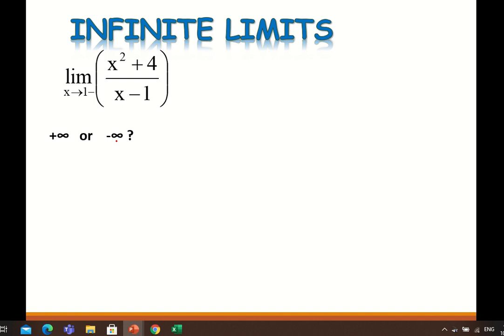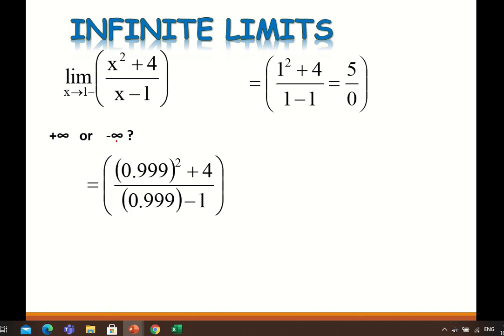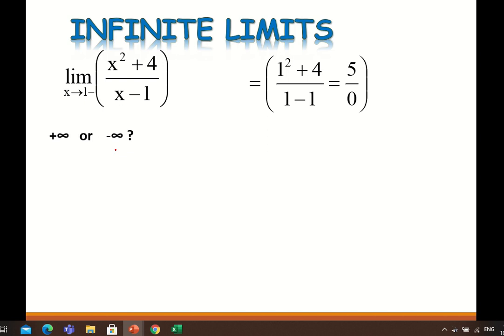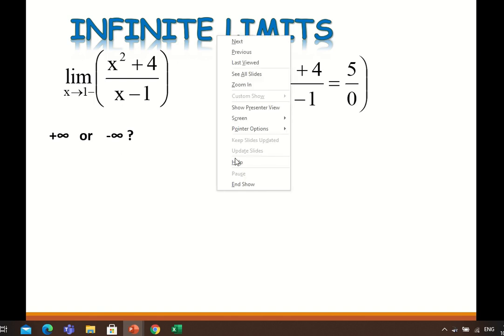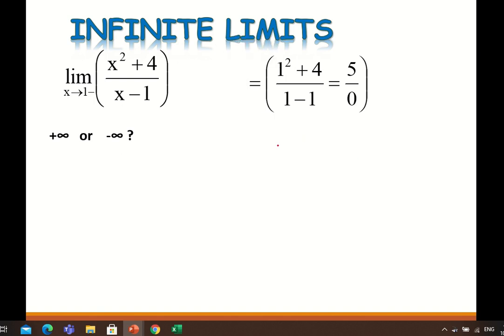Okay, let us see. Again, it's always a good thing, class, to refer to the number line system. Since it's coming from the left, if you draw the number line again, you will understand why those values come up like that.